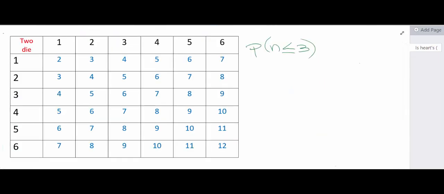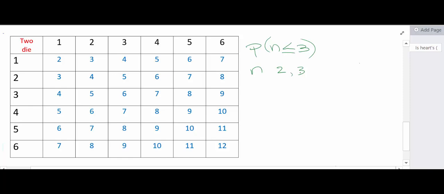What about the probability that somebody would roll a number with two dice that's less than or equal to 3? Well, what are those possibilities? We're looking for numbers that are less than or equal to 3. So that means n could be equal to 2 or 3.